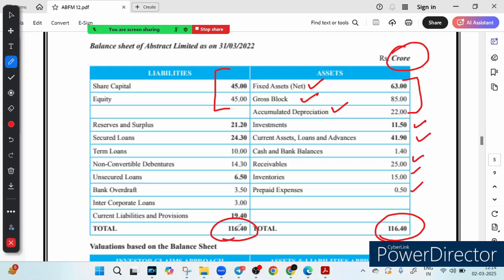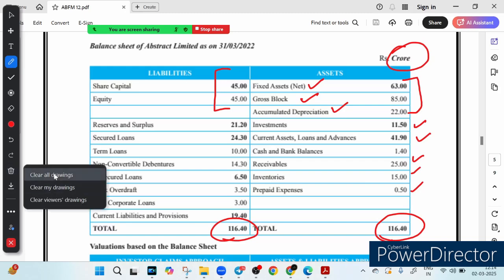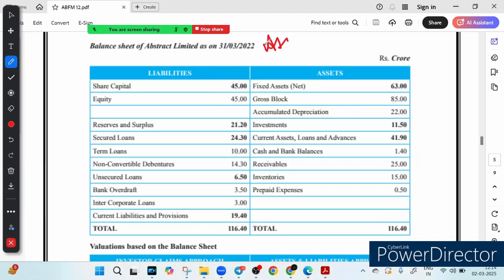This balance is expected because of the accounting equation. What does the accounting equation say? The accounting equation says that assets equal liabilities plus equity, right? You add all of them, and these two will be equal.